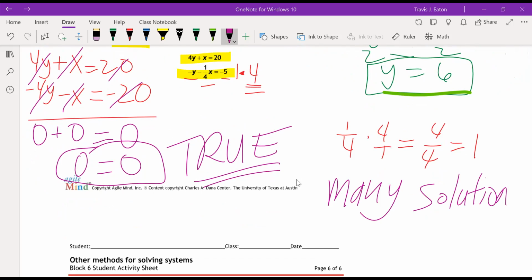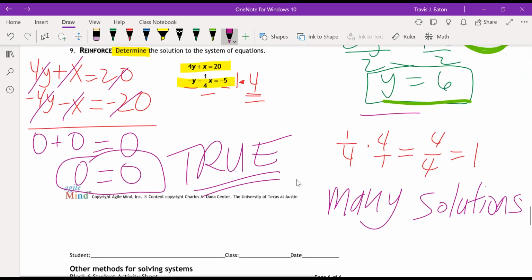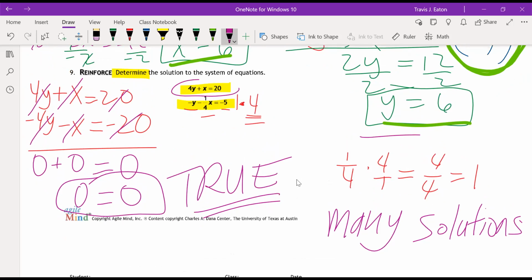The trick to finding what the solutions will be lies in this: let's say we take this equation right here, 4y plus x equals 20. If I put in a value for x, let's say I put in 0 for x, then I have to solve the rest of this for y.